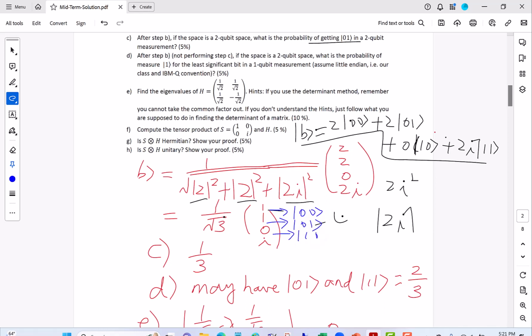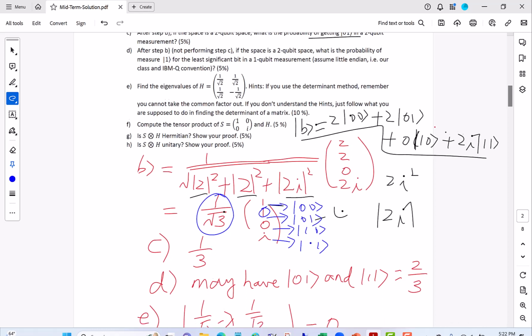This is 1, 0. This is 1, 1. So 0, 1 has 1 here, but you scale by 1 over square root 3. So its square is 1 over 3. Any questions? And not all people got this right either, right? So really try to think about that, right? So that C is free.